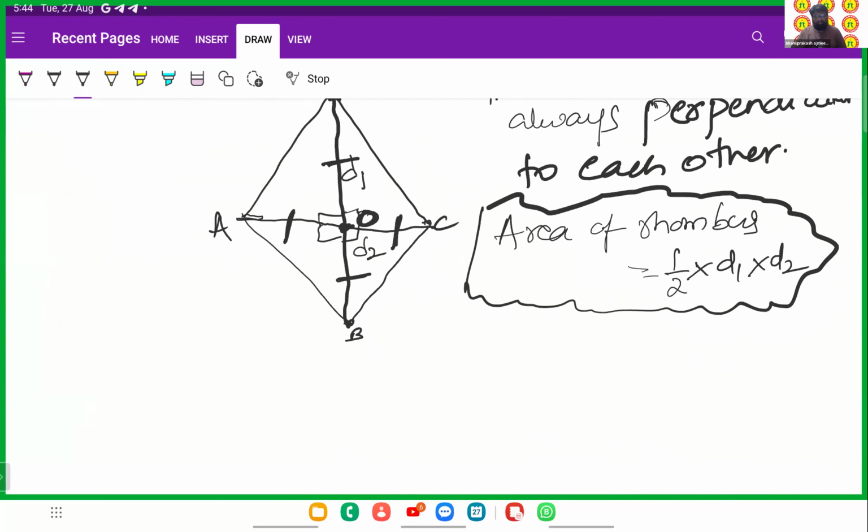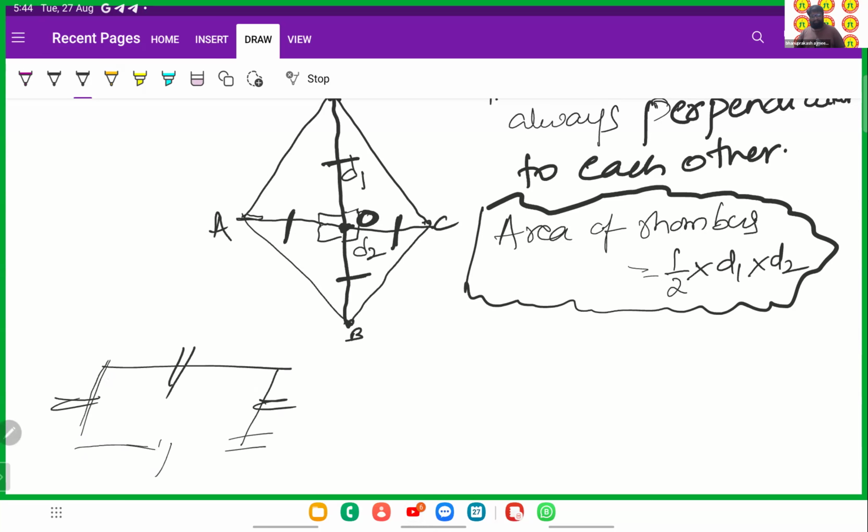In a parallelogram, are the diagonals perpendicular? No, sir. The name parallelogram itself is self-explanatory: sides are parallel. This side will be parallel to this side, and this side will be parallel to this side.